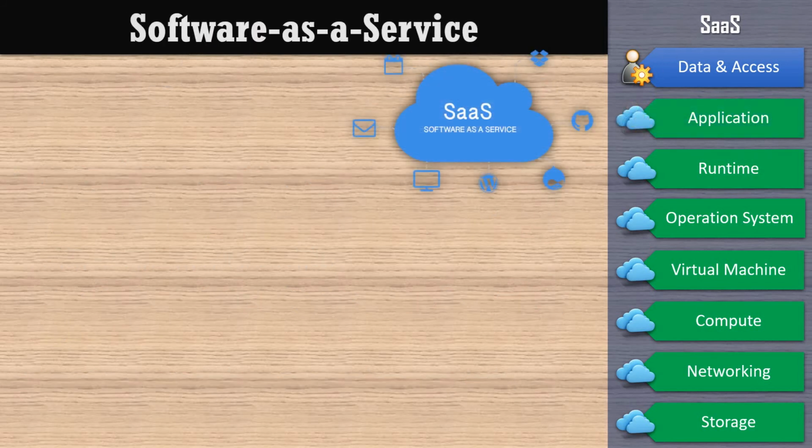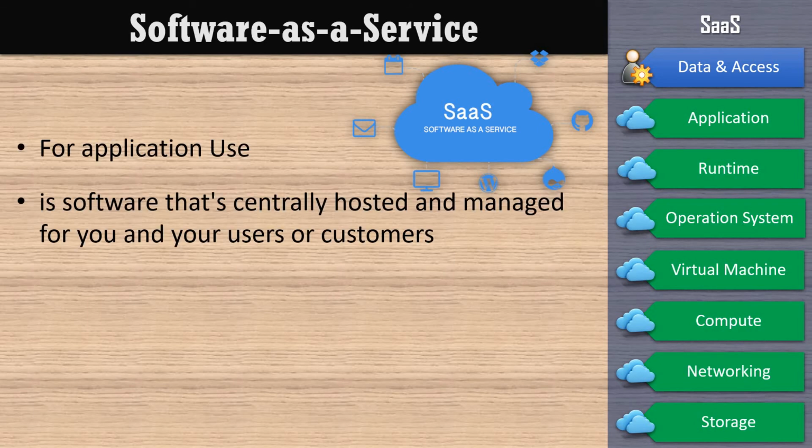Now let's move to SaaS. What is software as a service? As you can see, you don't manage anything. You just provide the data and the access, and that's it. So software as a service is about what kind of software you are going to use. It's not about development in this case, it's about usage. The software is centralized, hosted and managed totally by the provider for you.